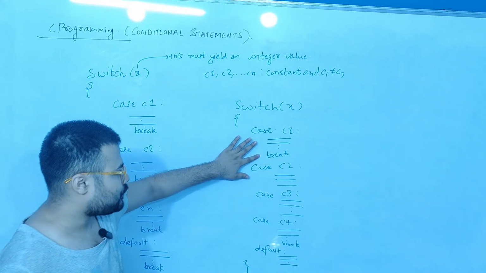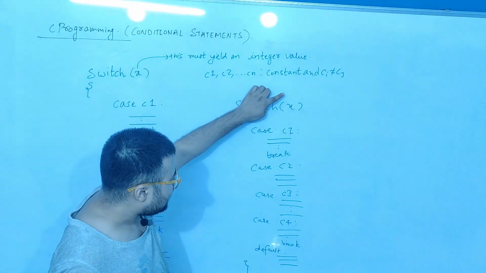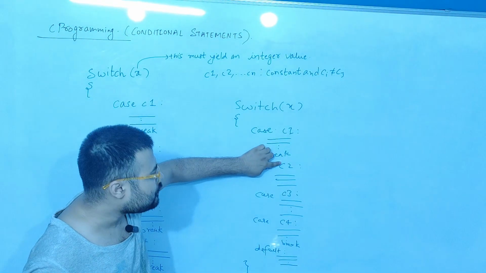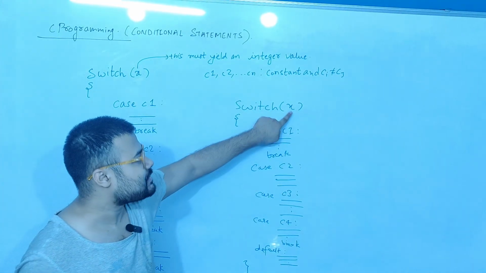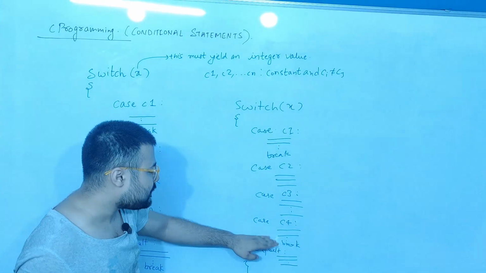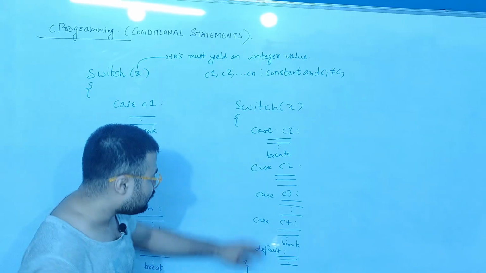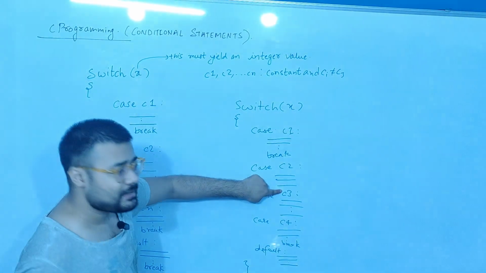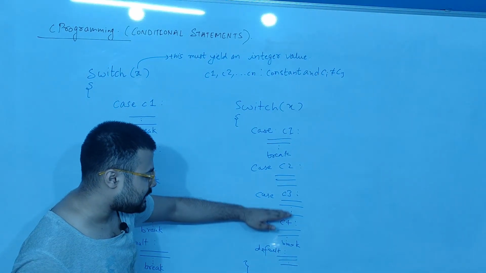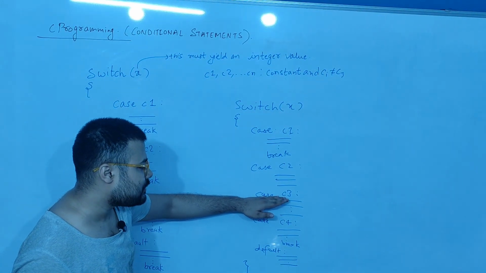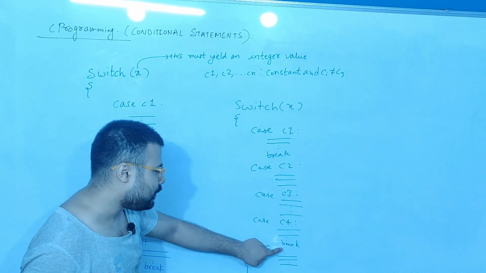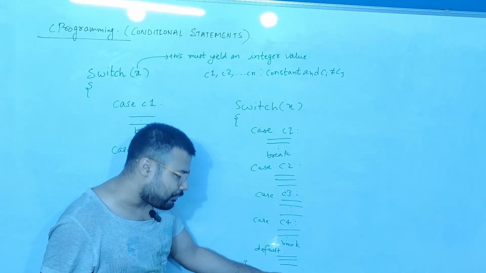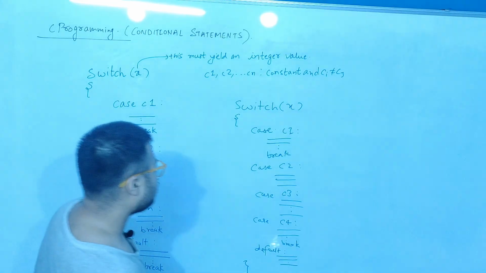But let's say C1 does not match with X, C2 does not match with X, but C3 matches with X. Now the statements of the cases will be executed, not all, as you can see C4 has a break. So if C3 matches, the statements under C3 will be executed, then C4 will be executed, but then it encounters a break, so it will come out of your switch statement. And the default statements will not be executed.